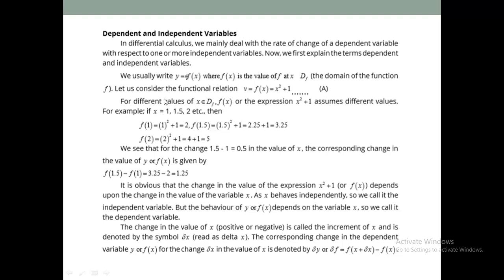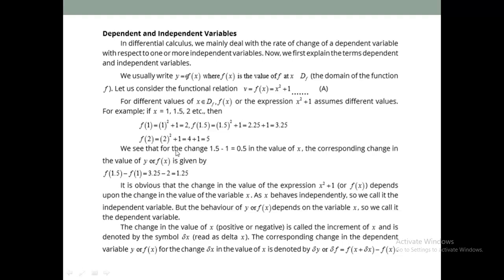The value of x belongs to the domain. The expression assumes different values when x is equal to 1, 1.5 and 2. When I put 1 in this equation, it becomes 1 plus 1, which is equal to 2. When we put 1.5, 1.5 square plus 1, it is equal to 3.25, and when we put 2, 2 square plus 1, it becomes 5.